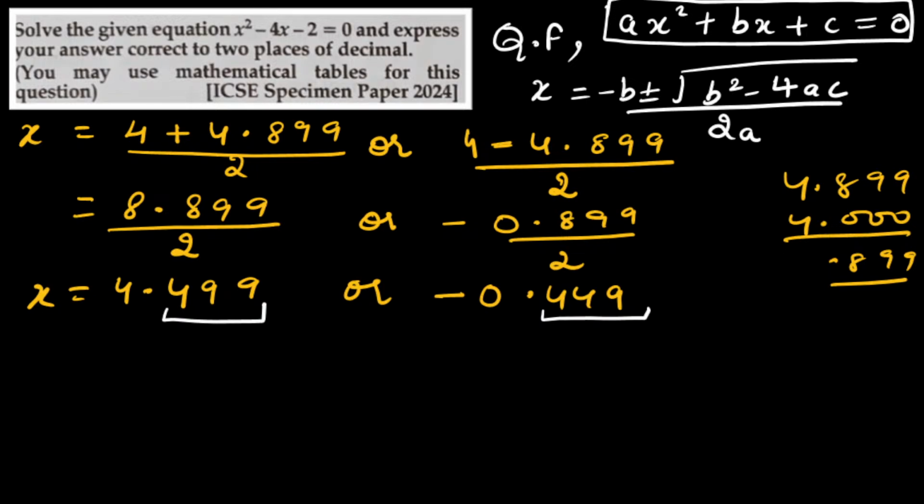So we have to give the answer up to two places of decimal. So let's do this. Here I'll write x is equal to, two places of decimal, this one. What will be the answer?